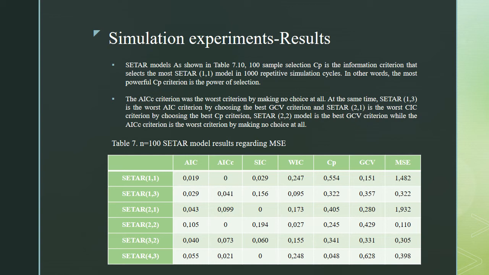At the same time, Satire 1.3 is the worst AKK information criterion by choosing the best generalized cross-validation criterion, and Satire 2.1 is the worst Schwarz information criterion by choosing the best CP criterion. Satire 2.2 model is the best generalized cross-validation criterion, while the AKK information criterion is the worst criterion by making no choices at all.